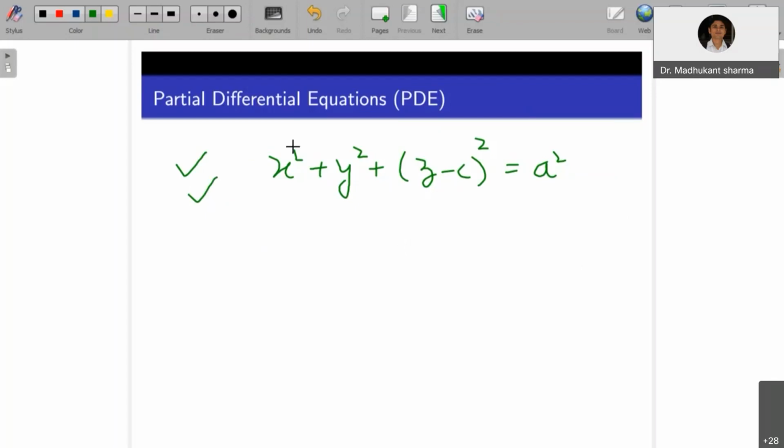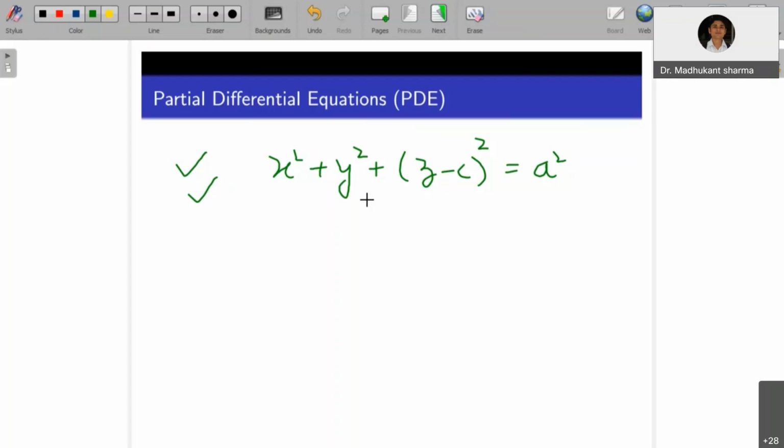The question certainly will be whether this family only corresponds to that partial differential equation, or there are other families which will also be a solution for that partial differential equation. And in what case does the differential equation have a unique solution, meaning there is no other solution except one. Those questions we will try to answer.